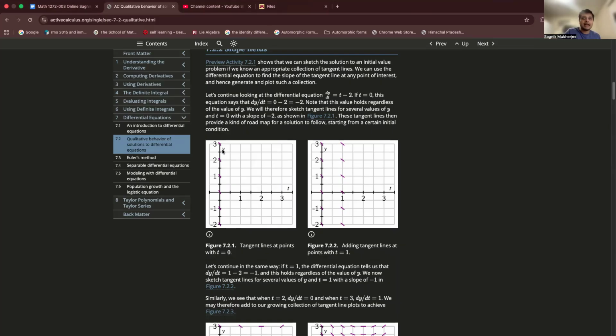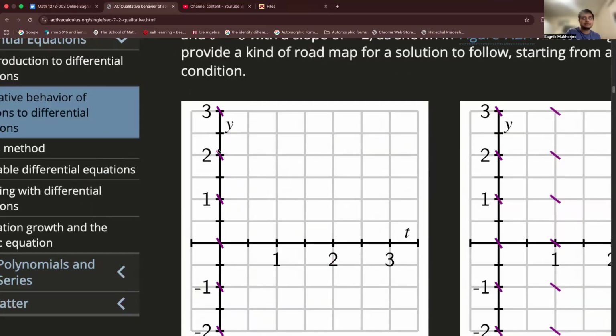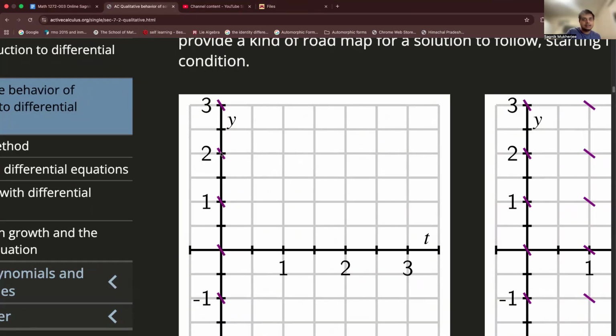If you draw the tangent, it would look like this small segment of line. If you extend this very small line segment, as you can see this violet line, it has slope negative 2.